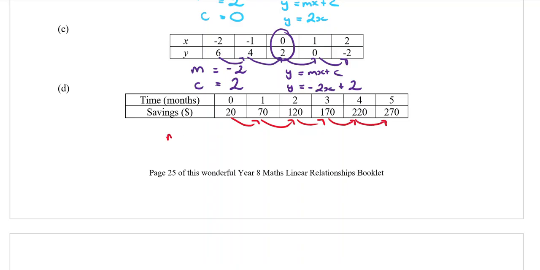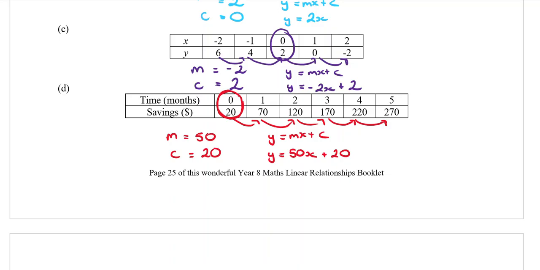So it's going to be m equals 50, and c, the number underneath the 0, which happens to be all the way over on the left-hand side this time, c is going to be equal to 20. In our formula, y equals mx plus c, we're going to have y equals 50x plus 20.